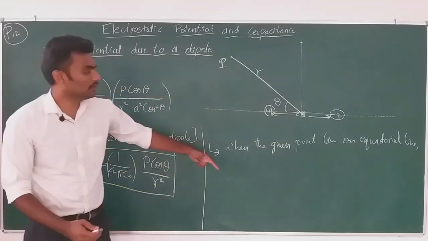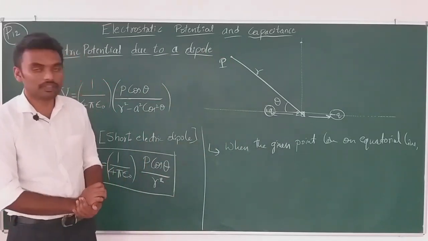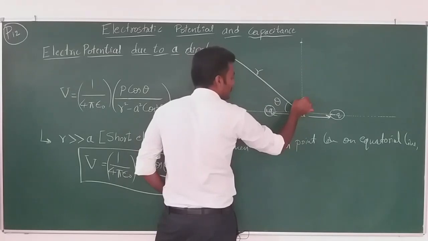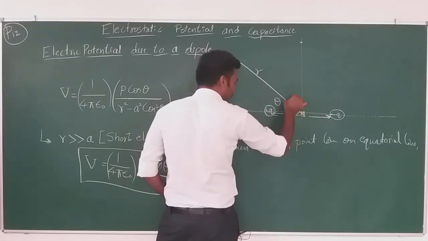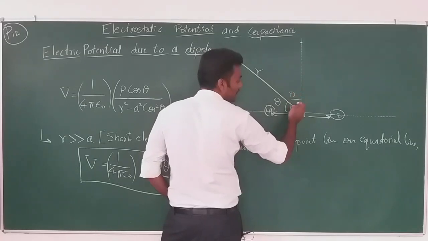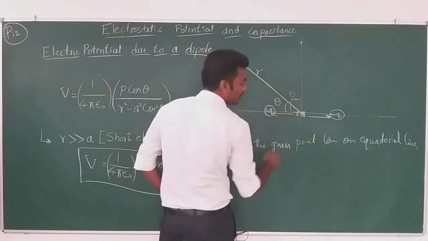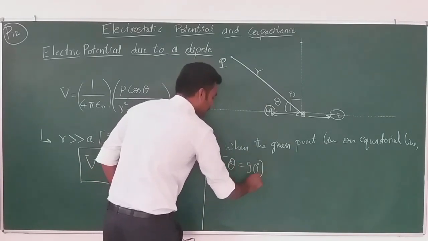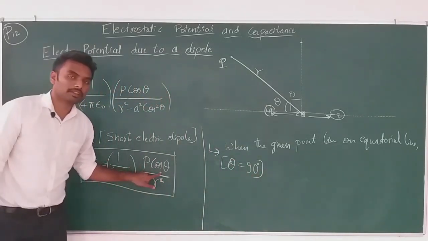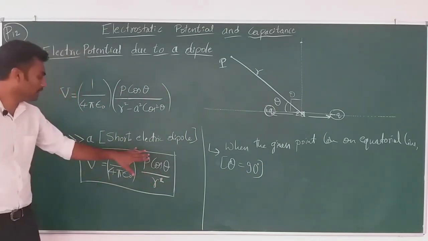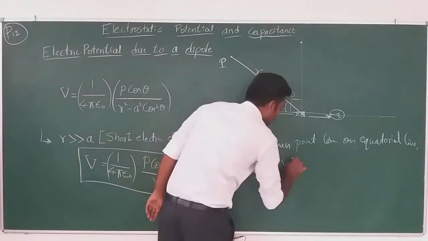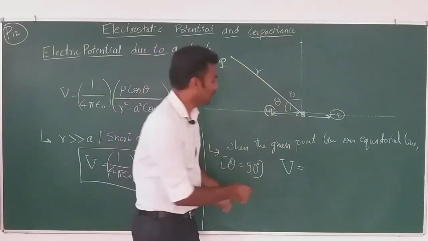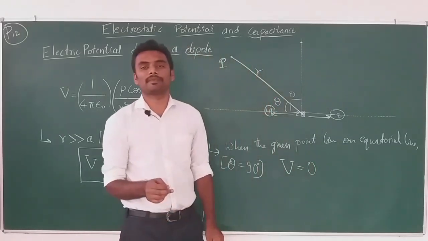So the point is here, which means the angle theta with respect to the axial line will be 90 degrees. So theta is equal to 90 degrees. Cos 90 is 0, and anything times 0 is 0. So the electrostatic potential due to an electric dipole on the equatorial line is simply 0 volts, right.